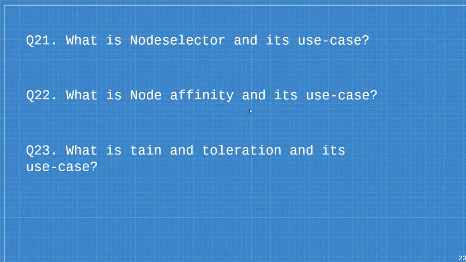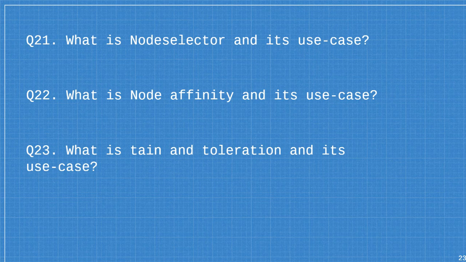That can't be achieved with the above two. With the above two, we are working on a pod, that you will go to that pod. But here we are making the node, we are giving the node a taint.